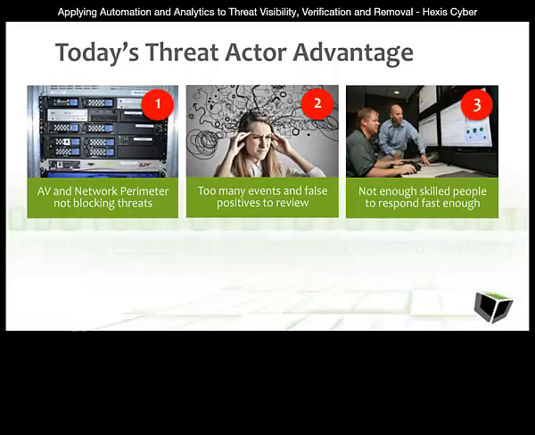If you have a SIEM and you're getting 1,000 alerts per day, you need 20 or 30 people just to look at each one. So when you stop looking at them, that's where the actual threat comes in.